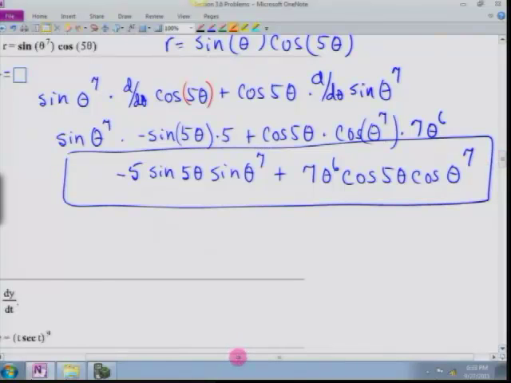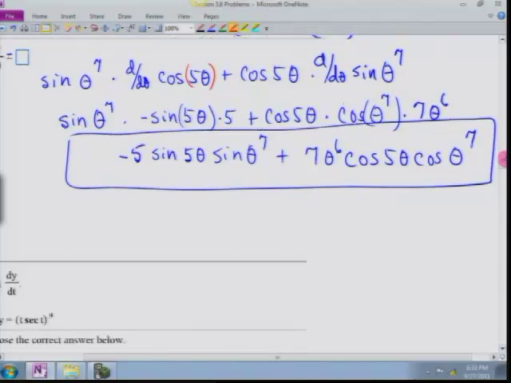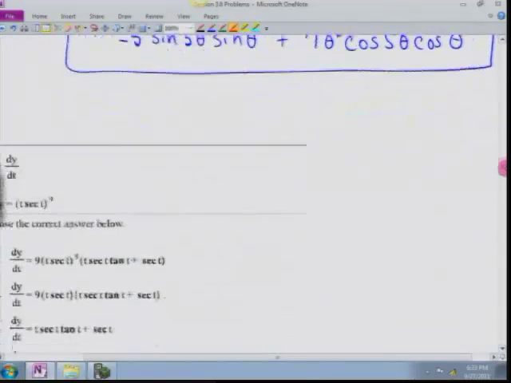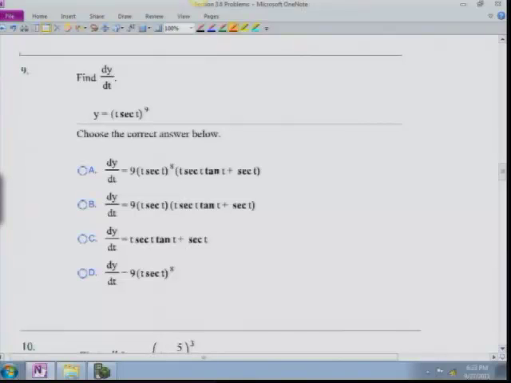Are we still writing? Are you still writing? Or are you good? Lee, you good? Okay. All right. Now this one has a multiple choice, but you're probably going to need to do the work to get there. So let's see what we can do. What do we recognize that this is?